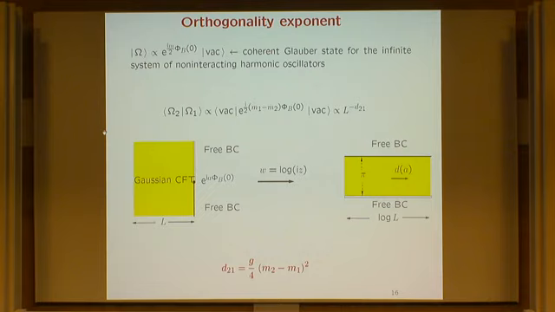Do you have a notion of coherent states in an interacting theory? No, not in general. I don't know how to. The answer is no. I don't know in general how to. Okay, so this is expectation values.